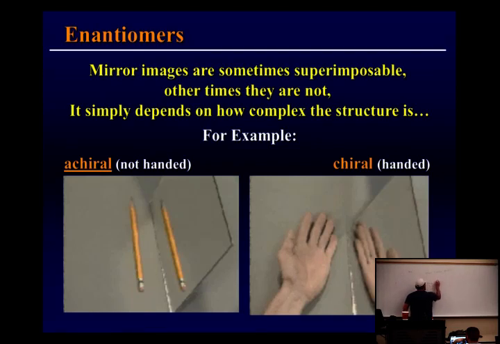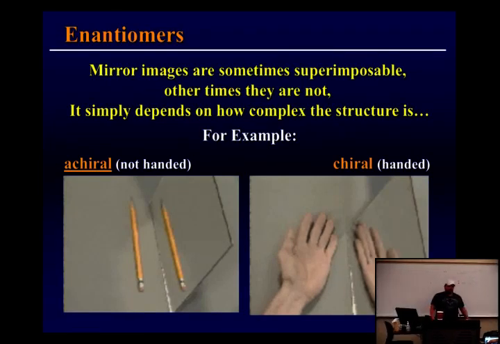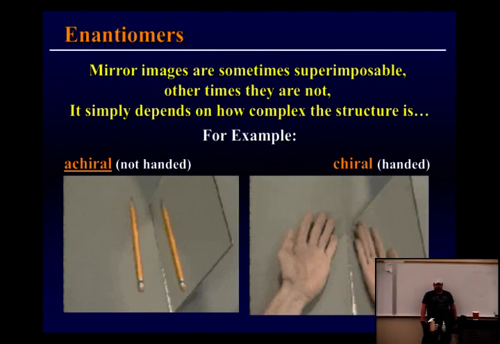Single carbon is that have a left and a right-handed form? Is that an enantiomer? So in order to answer this, you have to know the functional groups, right?